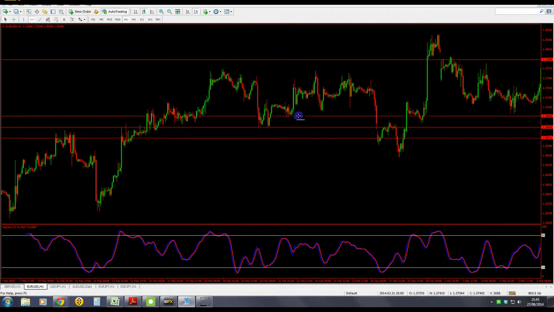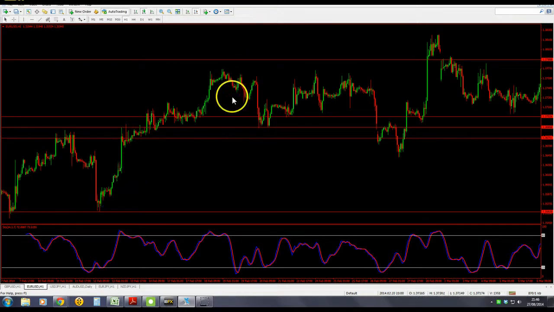Okay, even these right here, ABC formations, even these little guys in here can act as support and resistance, so put them in, all these levels. They might not be as key as the big dramatic ones, but they still are key, and I bet you one day there will be a reaction on those price levels.